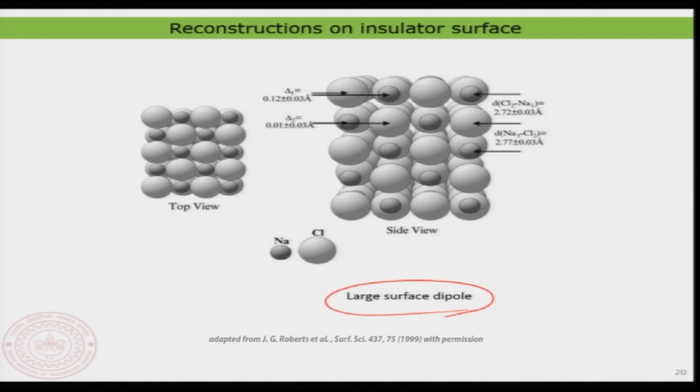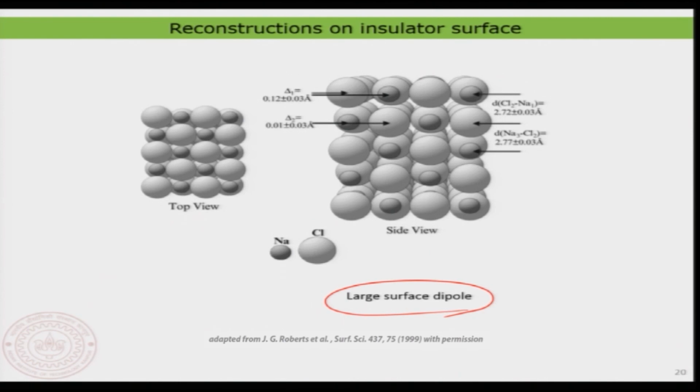The reason is simple: it has a very large surface dipole, and it is usually extremely hard to deform insulating material. To do something to sodium chloride, for example, you need to apply very large pressure, very large temperature, and so on. So deforming insulating surfaces, particularly salt, is known to be extremely difficult.